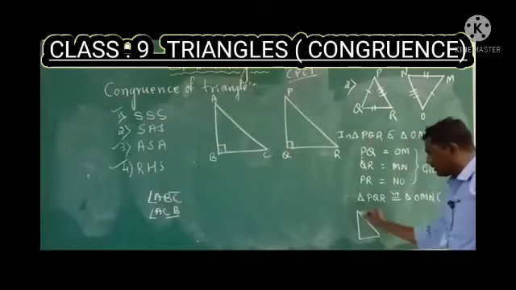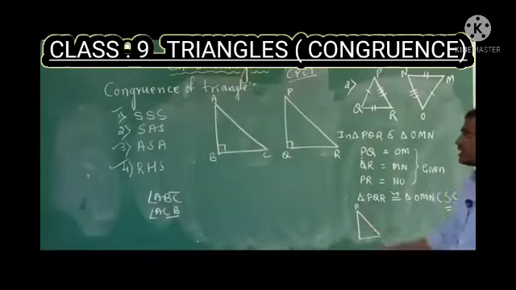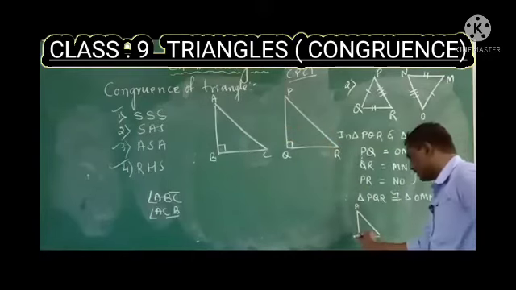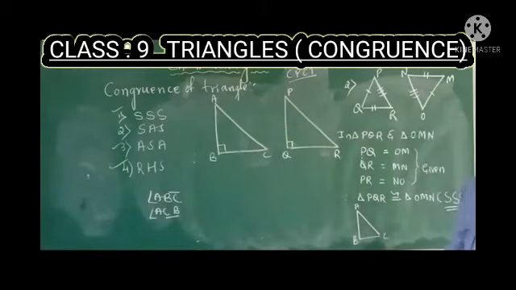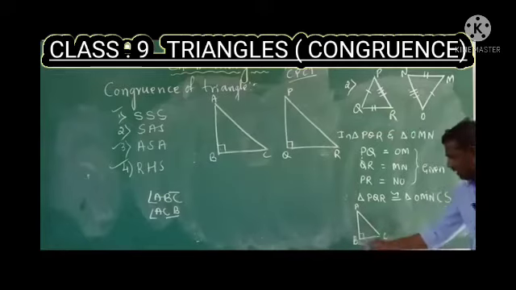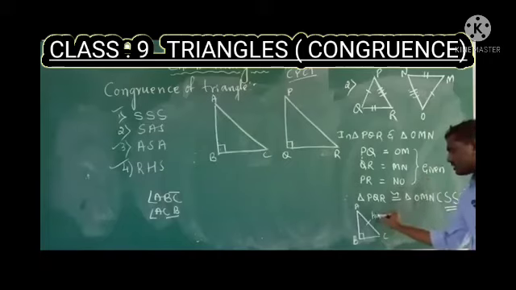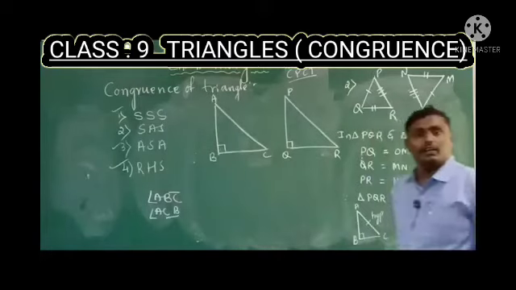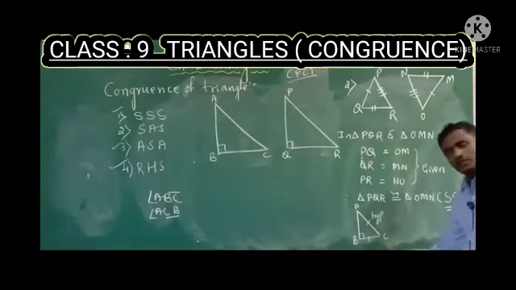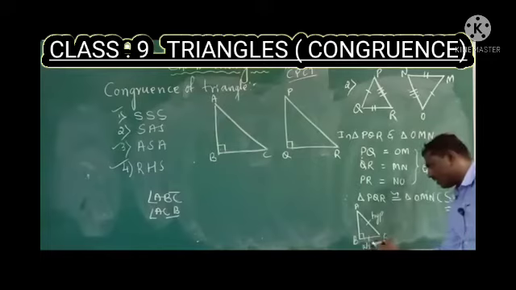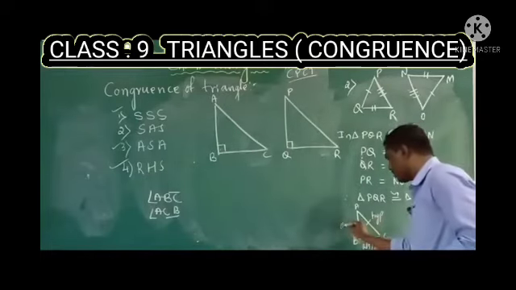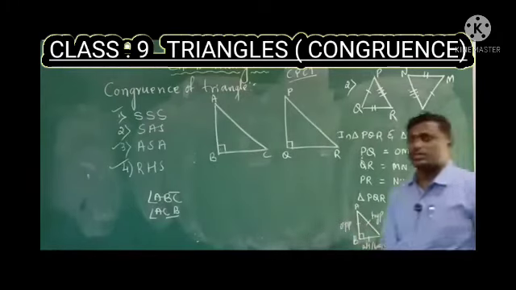Before that, take some important terms related to a right angle triangle. ABC is a right angle triangle. If angle B is equal to 90 degrees, the side exactly opposite to the right angle is considered the hypotenuse of the right angle triangle, and this one is the adjacent side or base of the triangle, and the remaining one more side is the opposite side.